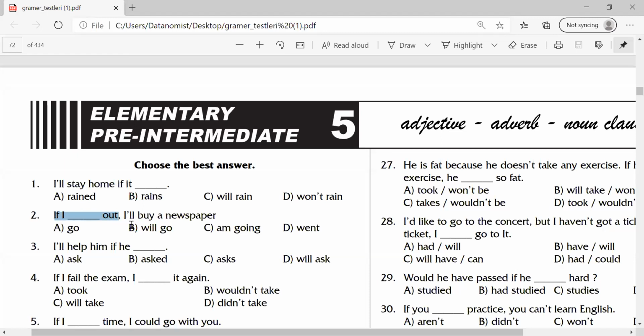Because if, again I got will buy, which is future. So here I take present form. I go to the choices. Go is present, will go is future, am going is also present continuous, went is past. Clear. This is my answer. If I go out, I will buy a newspaper. Next.